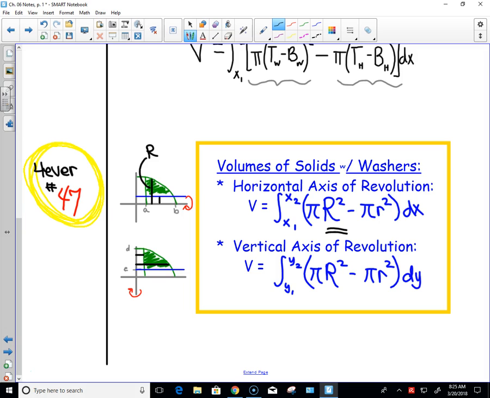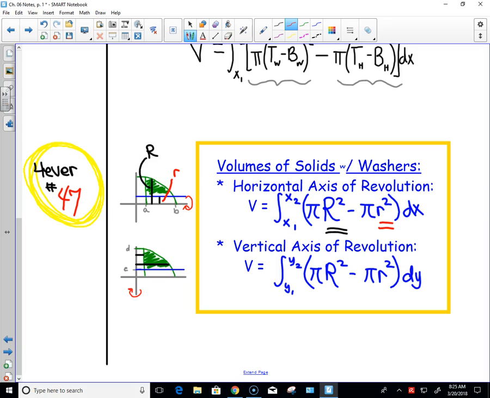And then the little r is going to be from the axis to the edge of the white space. So we have our hole radius and we have our hollow radius. The hole would be the entire figure, the hollow would be just the white space.